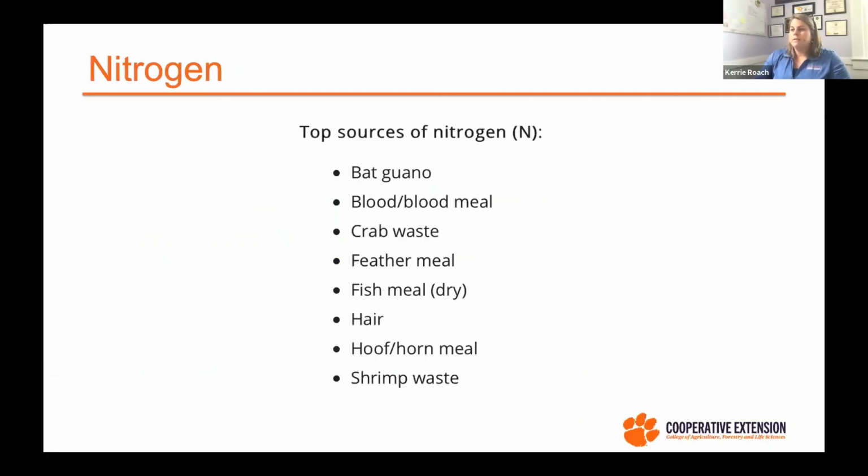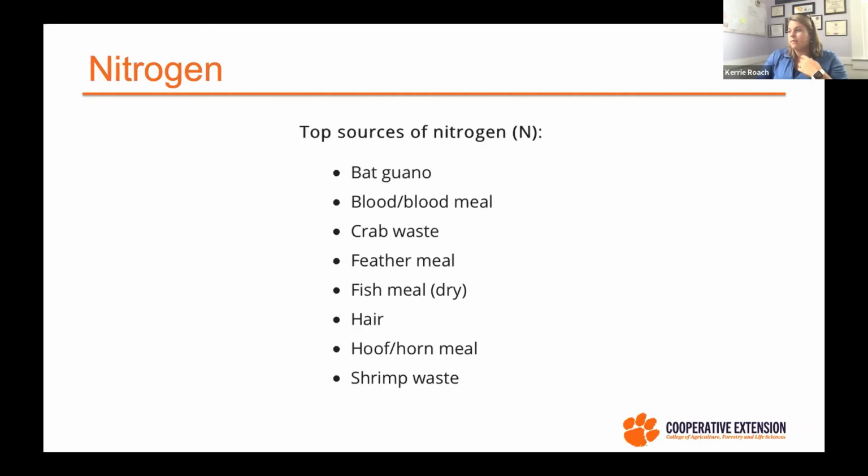If you are looking for sources of nutrients, some great sources of nitrogen, these are the ones that are referenced in the link that was previous. The first one is obviously doing cover cropping, and some of those are listed in these, but blood meal or bone, crab waste, feather meal, fish meal, hair, shrimp waste if you're on the coast.